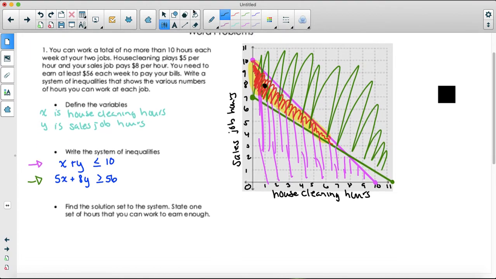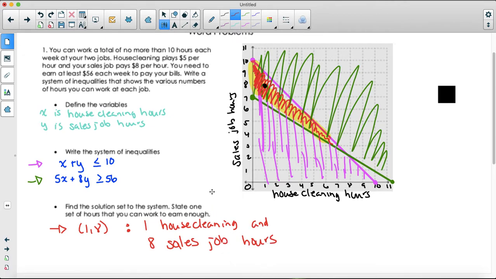So 1, 8 works. In this case, x was the house cleaning, so 1 house cleaning and 8 sales job hours.